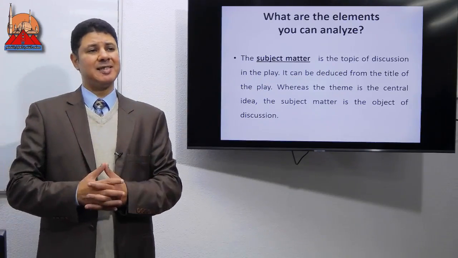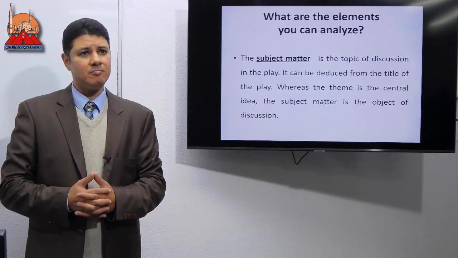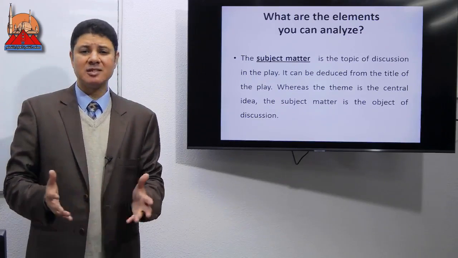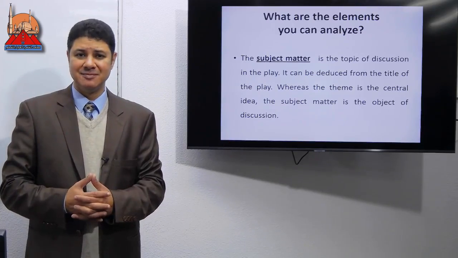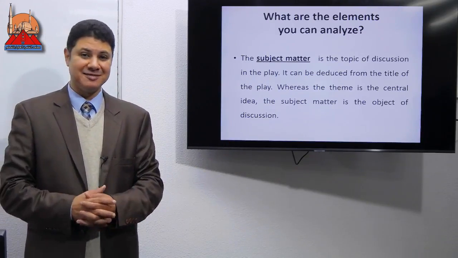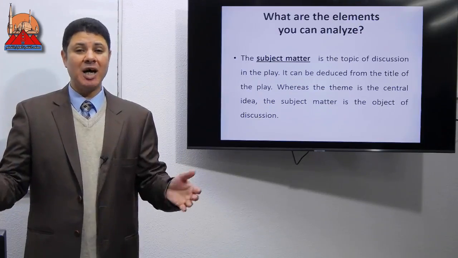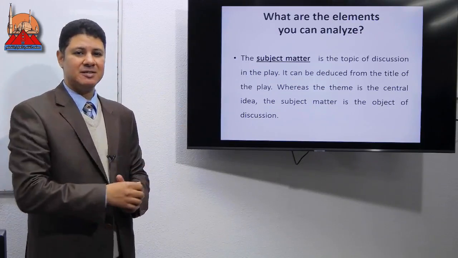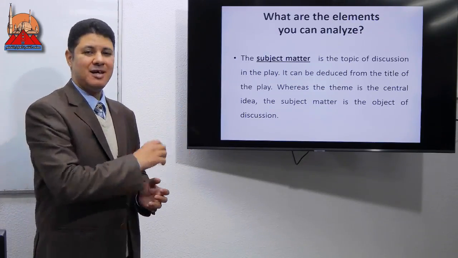When, for example, I say The Way of the World, what does it mean? It means that this is the way of the world. This is how the world deals with persons, themes, and other elements.